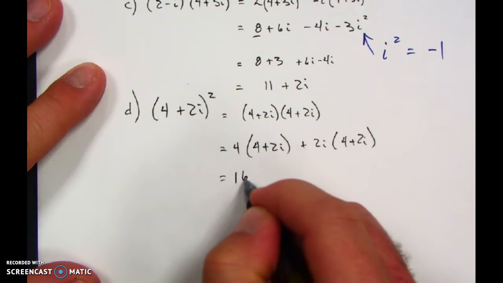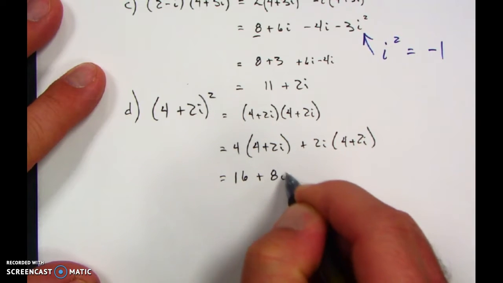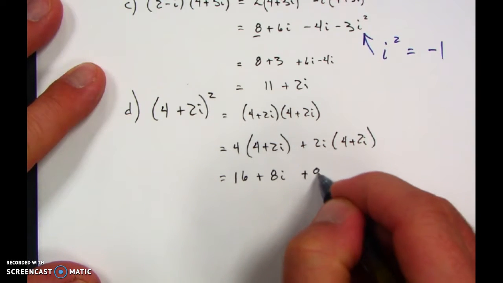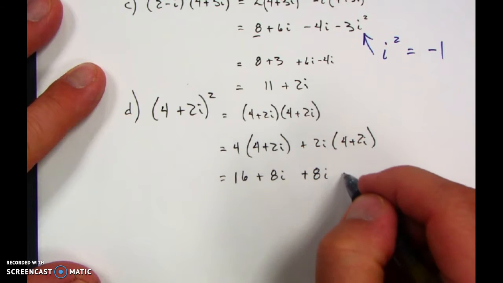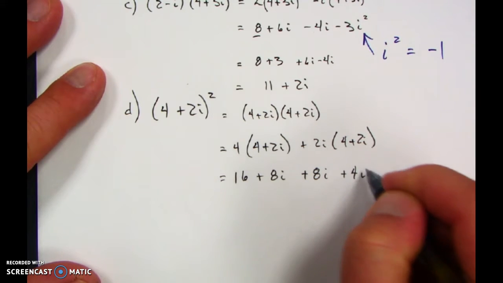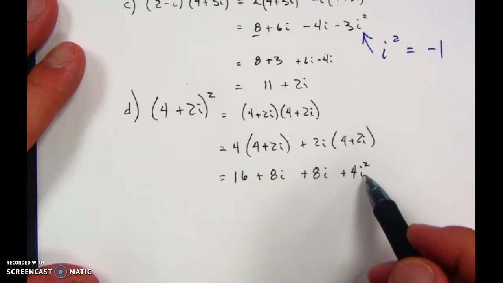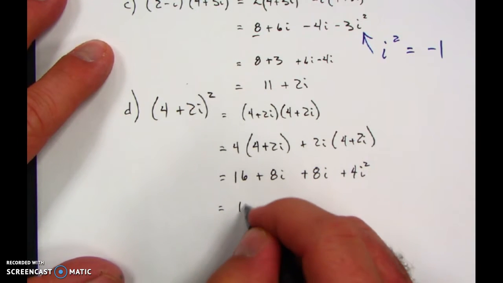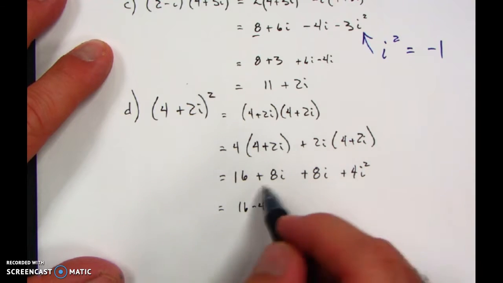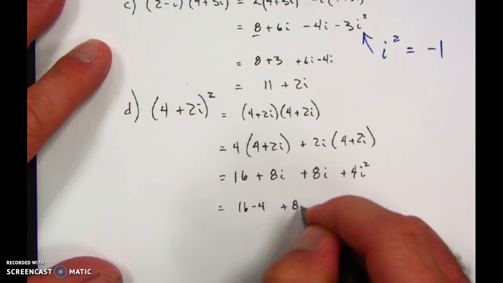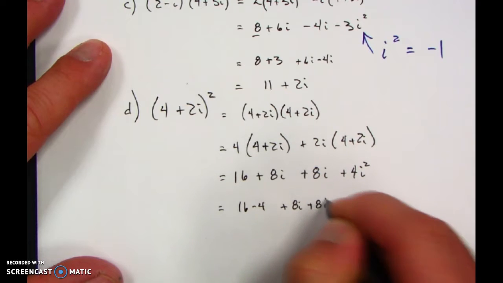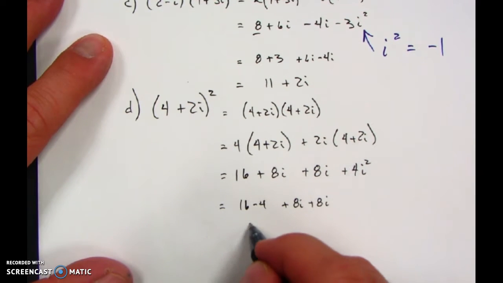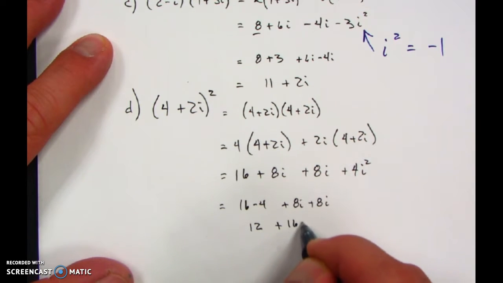That gives us 16 plus 8i plus 8i plus 4i squared. Again, the i squared equals negative 1. That turns that into a negative 4. So now we have 16 minus 4, and then we have plus 8i and plus 8i, which gives us 12 plus 16i.